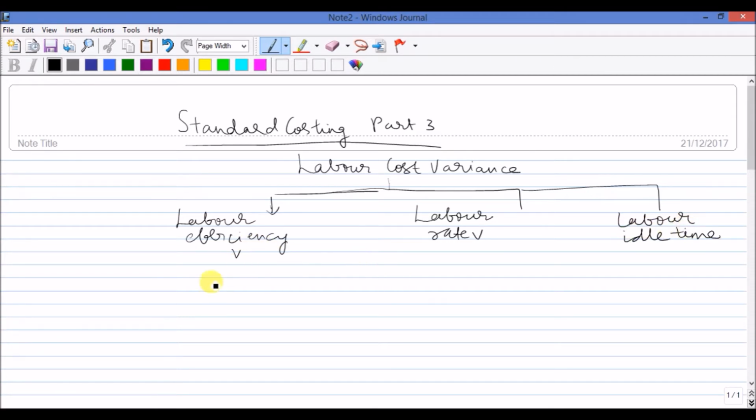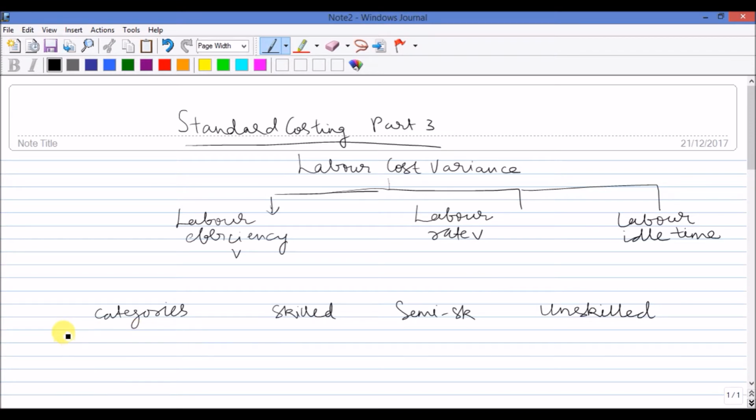Now remember friends, labor is divided into three categories: skilled labor, semi-skilled labor, and unskilled labor.